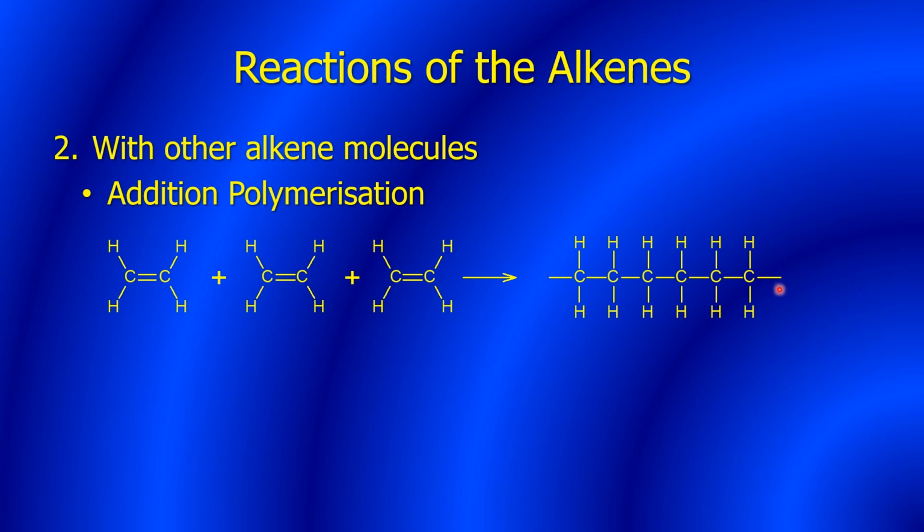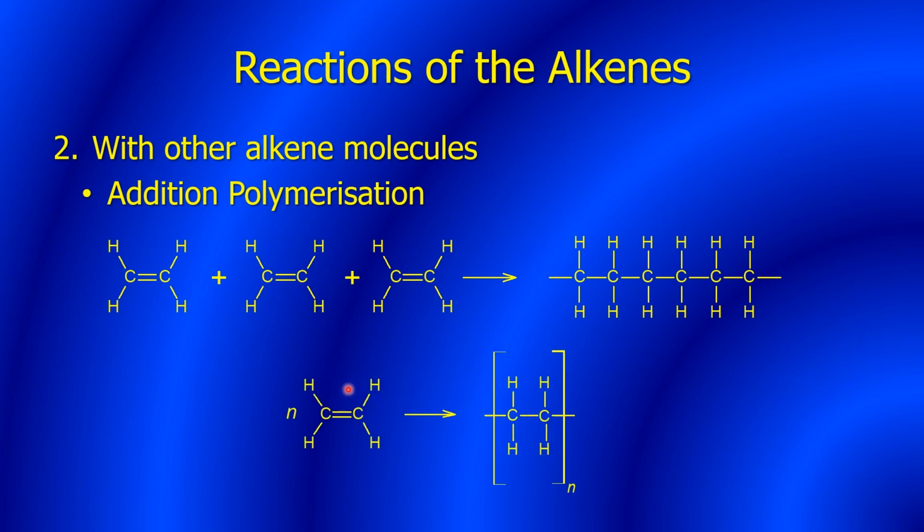Really they'd be attached then to the next monomer. These bonds are called trailing bonds. And once we've made our huge molecule with thousands and thousands of monomers joined together, at the very end of the chain there would be the initiator, the chemical which started the reaction, but we don't need to show that. So this is a representation of the reaction using 3 ethene molecules.